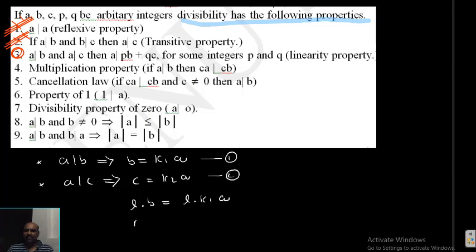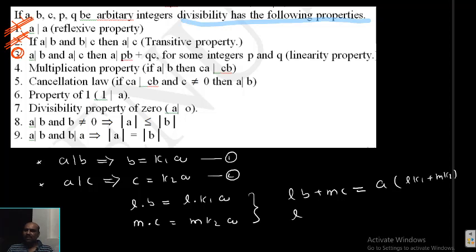Then M I will multiply for the second equation: M into c equal to M into k2 into a. Add these two. What happened? Lb plus Mc equal to, I can take a common after addition, a times (Lk1 plus Mk2).